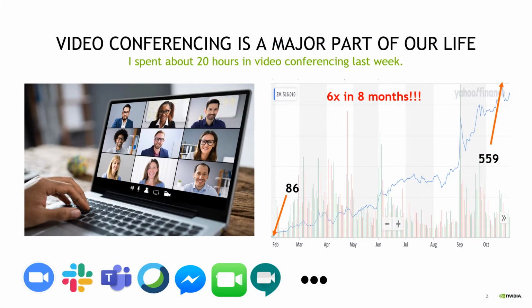At this point, we know that video conferencing has become a major part of our life. People spend tremendous amounts of time using video conferencing apps to communicate with their colleagues, friends, and family. Just last week, I spent 20 hours using video conferencing apps. This also reflects in the stock price of Zoom.